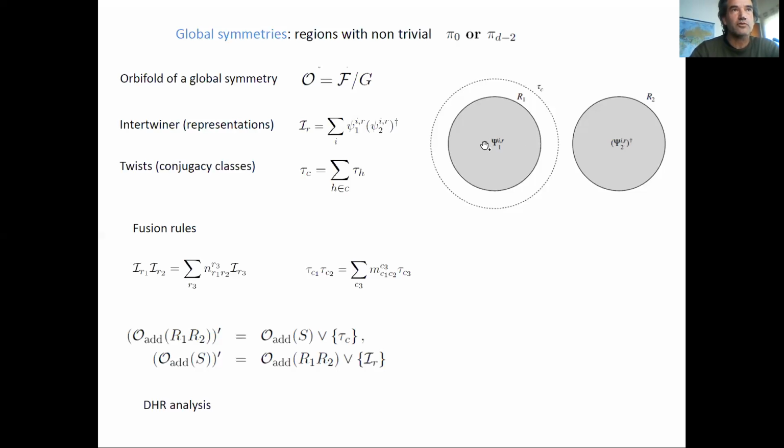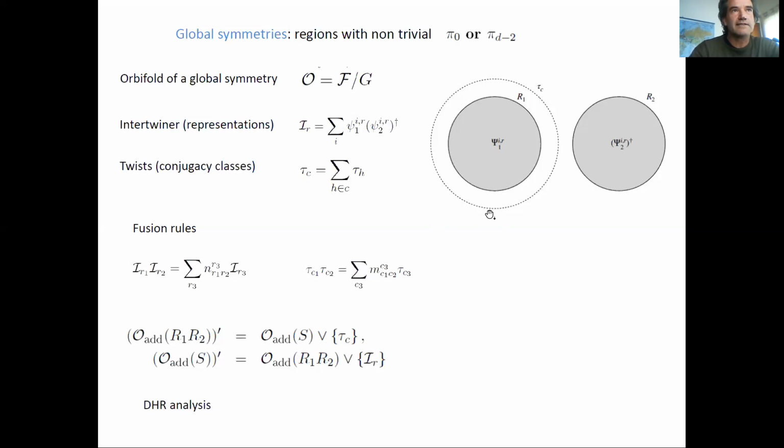This product is a neutral operator formed by a product of a charge and an anti-charge operator. And you can see easily that this intertwiner, even if it commutes with everything outside the two balls, will not be locally generated, because you cannot make it as a product of two operators that are neutral in the two balls. So this is a non-local operator in the two balls. And the complementary operator living in the outside part of the two balls is called the twist.